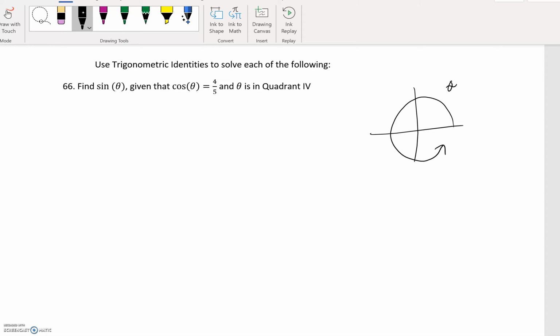The identity that relates sine and cosine of theta is the following. Sine squared of theta plus cosine squared of theta equals 1. Let's plug in the givens. So I don't know what sine squared is. I have cosine of theta equals 4 over 5, so cosine squared will be 4 over 5 squared.